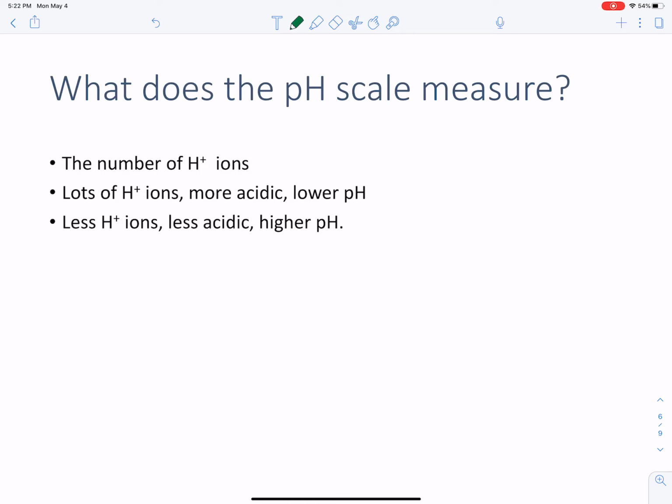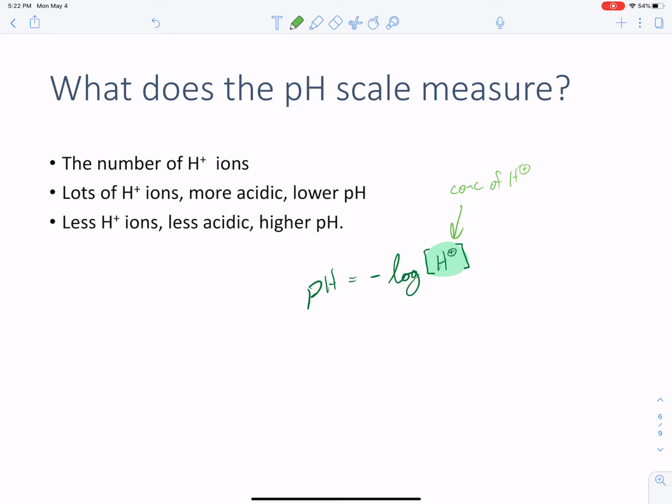The actual formula for pH is pH is equal to negative log, that's from your calculator, concentration of H plus, or H3O plus, whichever way. This right here is the concentration of H plus.